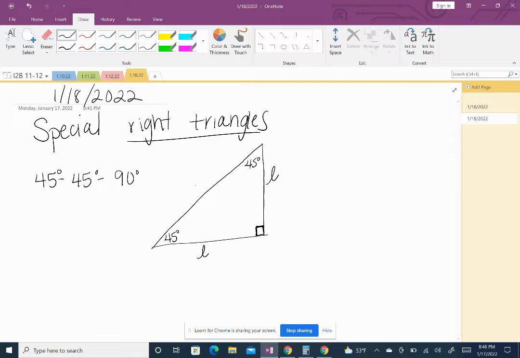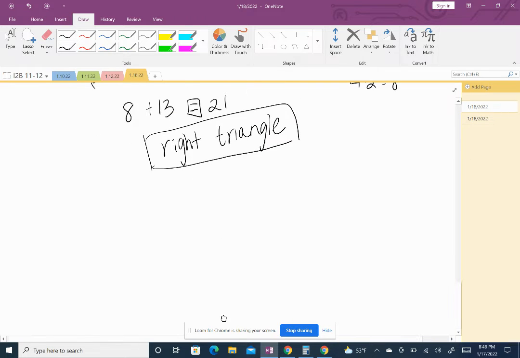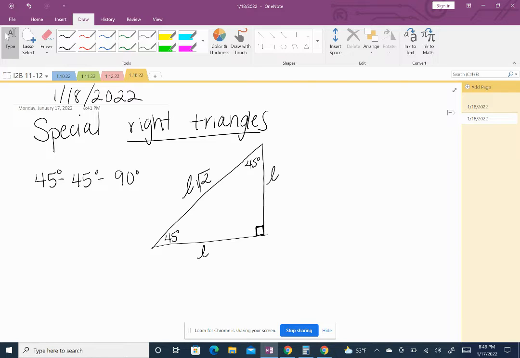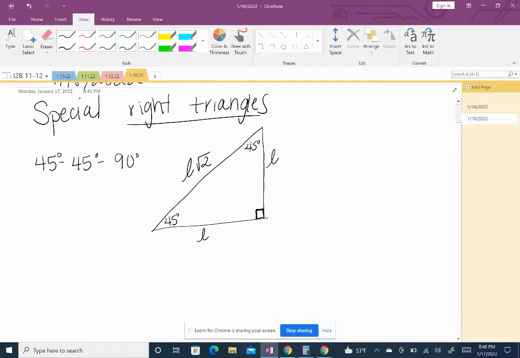Our hypotenuse would be measured as L times the square root of 2. So if you know your leg, you can automatically find the hypotenuse by multiplying it by the square root of 2. Okay, so that's our 45, 45, 90.